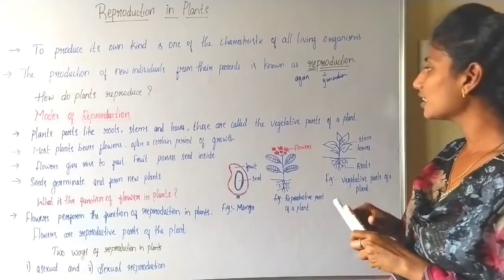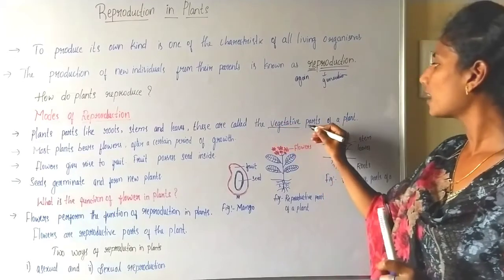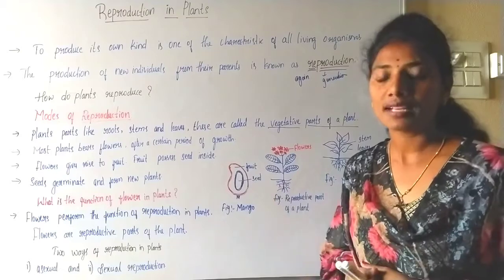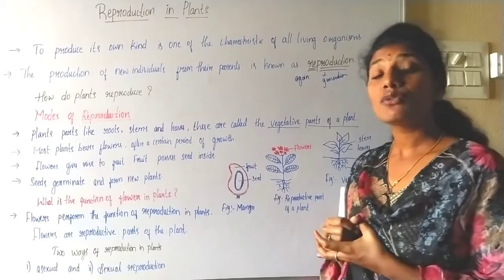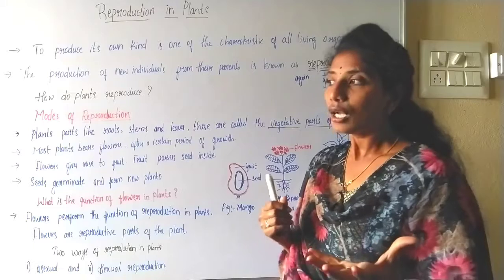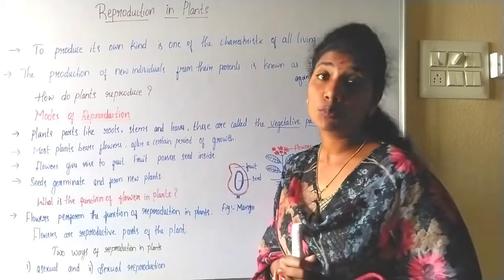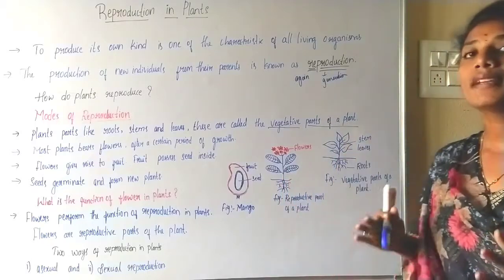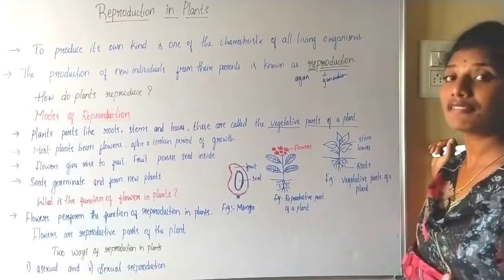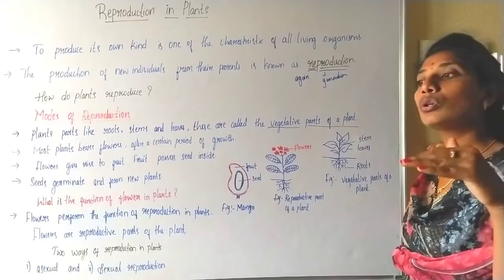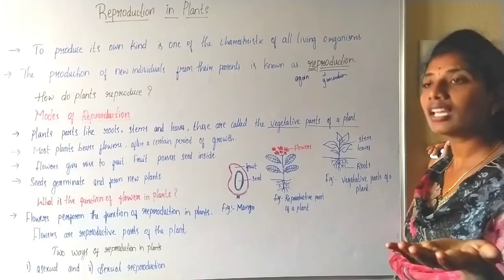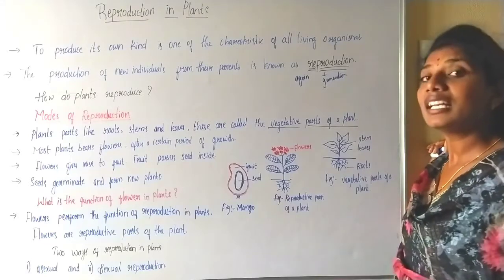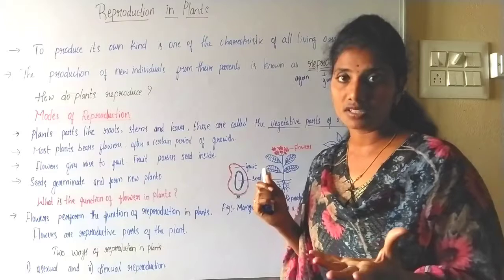So it is called the vegetative parts of a plant. Many plants, if you see, will bear flowers, right? Not all plants will be able to produce flowers, right? And there will be an interval or a time period for a plant to produce flowers. When a plant grows to a certain height, or grows for a certain period of time, then it starts producing flowers, right?